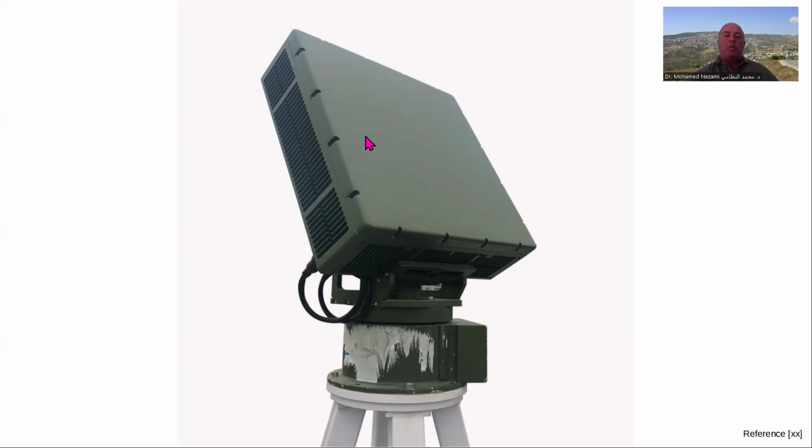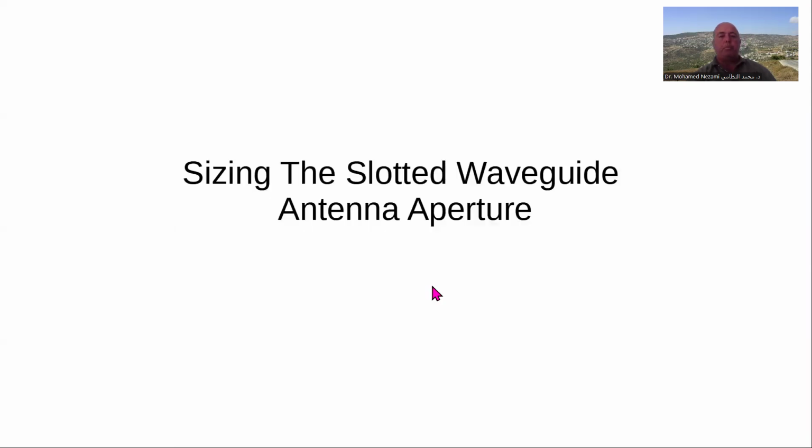This one here is fixed in elevation because it's trying to detect on the horizon if anything crosses the perimeter that they are monitoring. So they fix this, but it will scan the azimuth back and forth, or it could go 360 degrees. And this is actually a waveguide, but with a radome cover for protection.